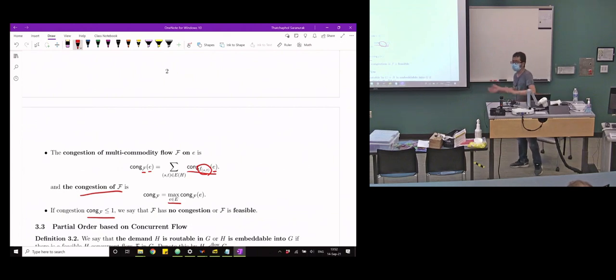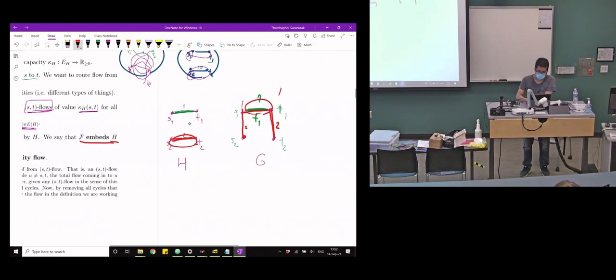Any question about the definition? Can also all terminals share the same? Yes, right. So H might not look like this. H might look like a cycle itself, or it can look like a clique.